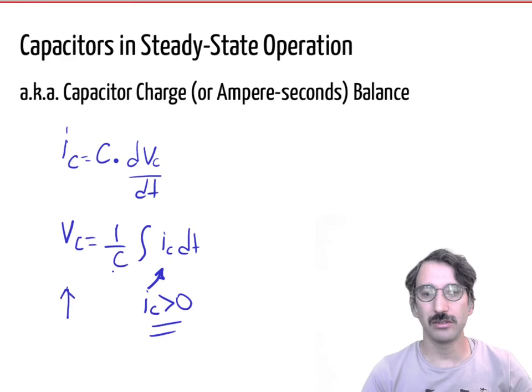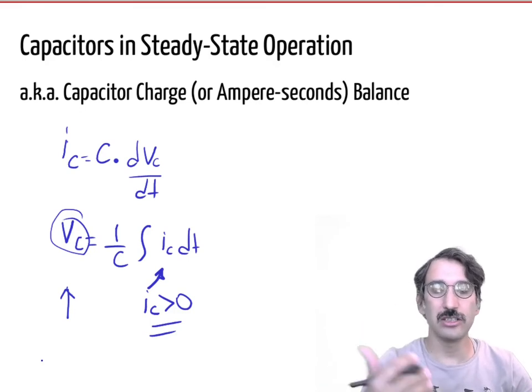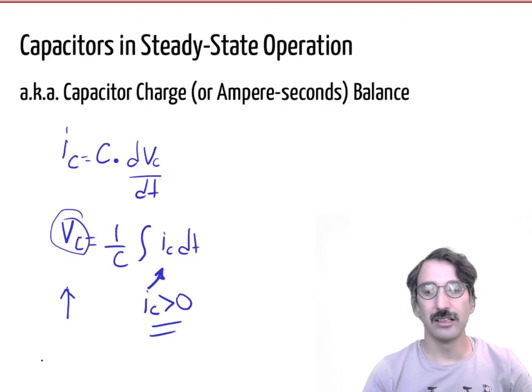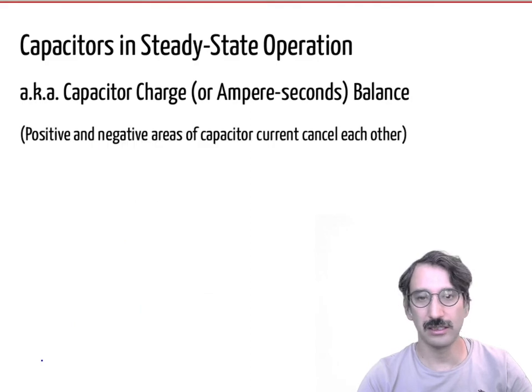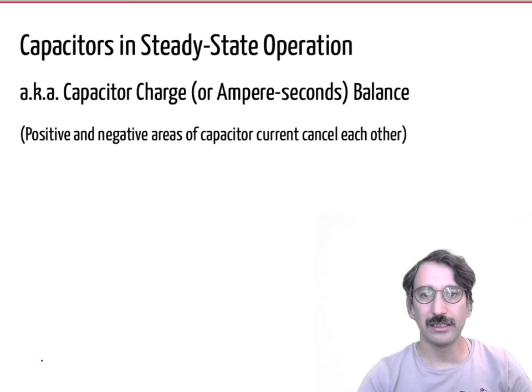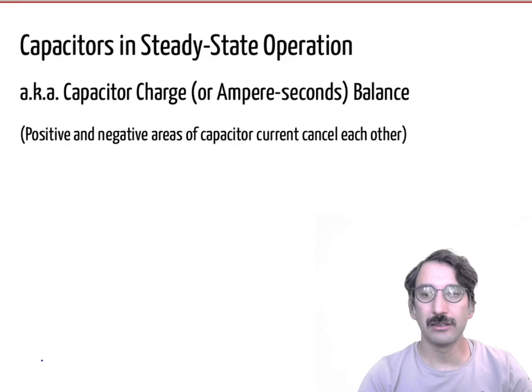In order to have a steady state, or a more or less constant voltage within some boundaries, the total charge and discharge, or the integral of the current over some period, should be 0. We will see those things in the following weeks. So for an inductor, the positive and negative areas of the voltage cancel, and for a capacitor, the positive and negative areas of the current should cancel each other.